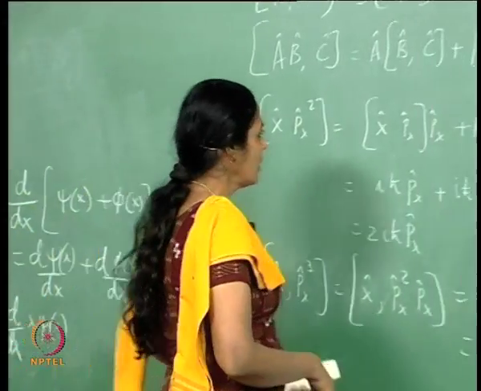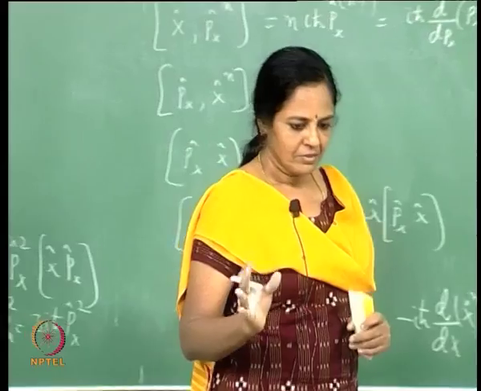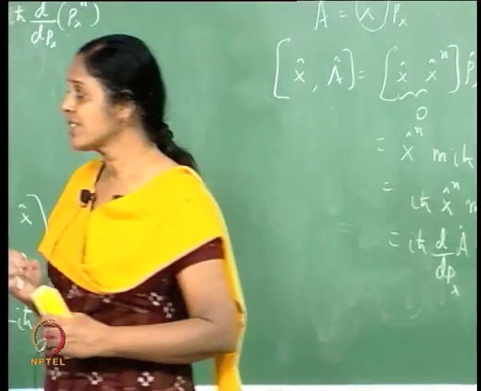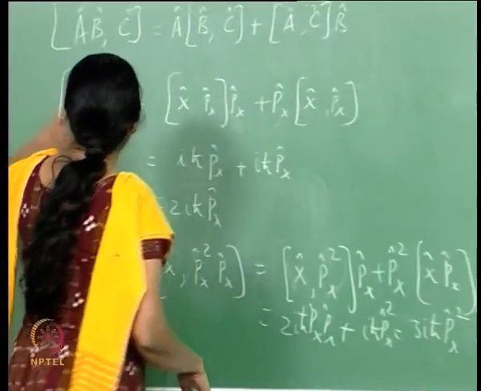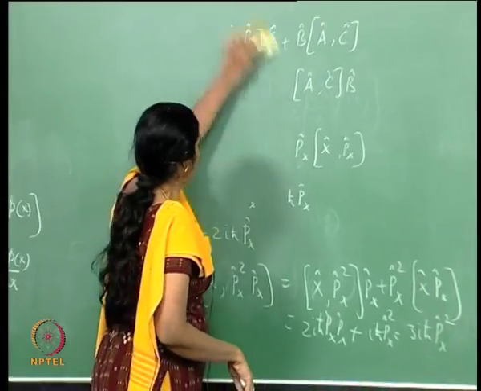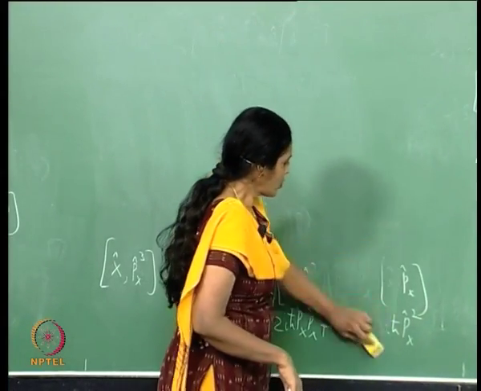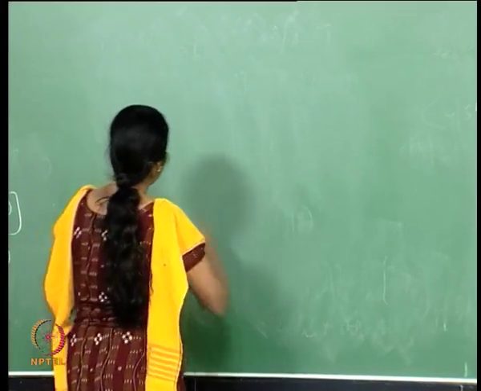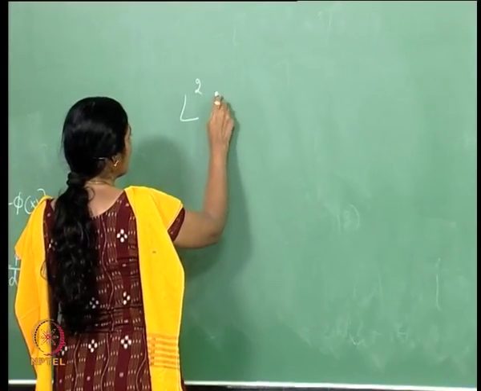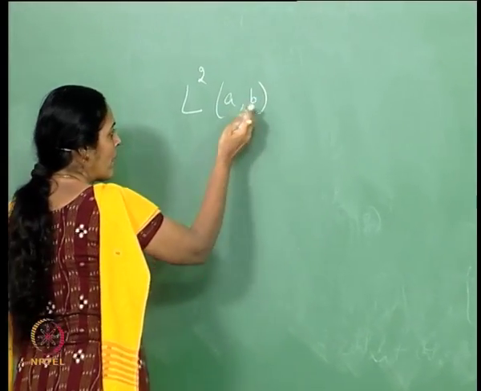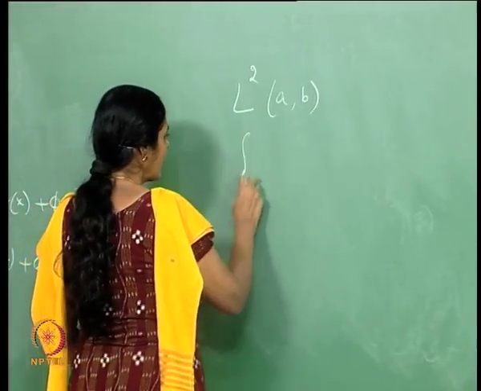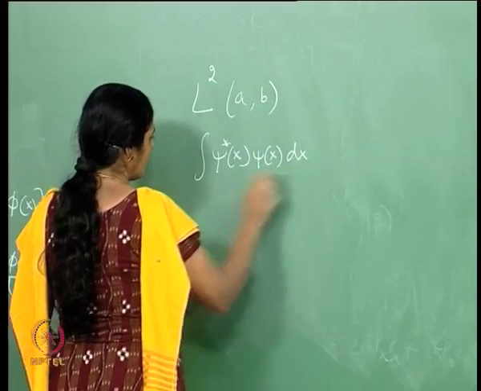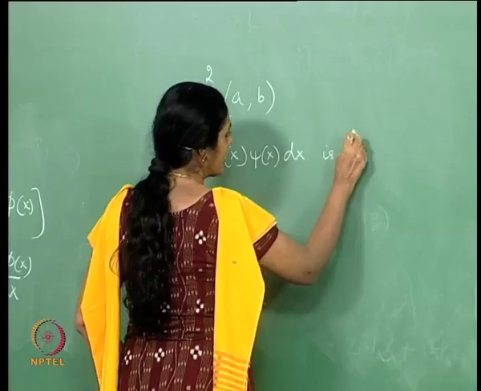But before we go on to understanding function spaces, in particular we would be interested in the space of all square integrable functions, which I did mention in one of my earlier lectures. The space is L2, which is the space of all square integrable functions, and there is a range a to b, could be minus infinity to infinity, and these functions satisfy that the integral is finite.